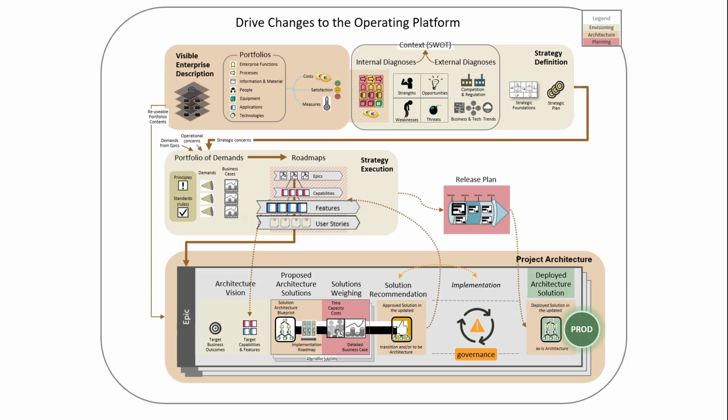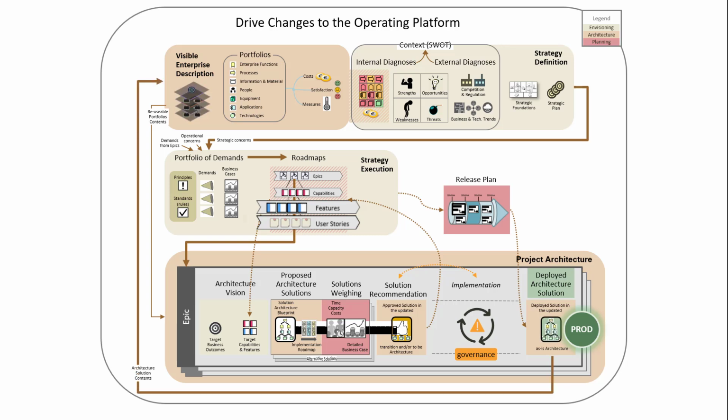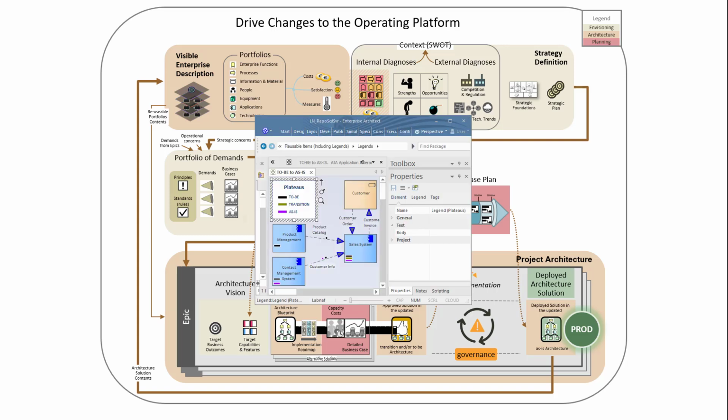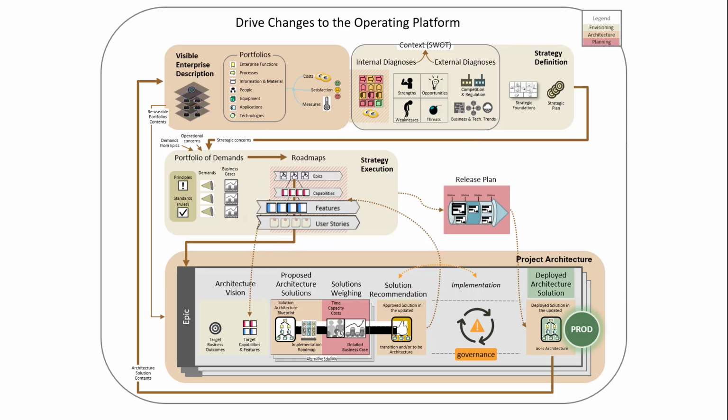At one point, the solution will be hopefully running in production. You need then to update the enterprise description to reflect the new situation. Indeed, the enterprise description needs to reflect that the new solution architecture is now part of the as-is situation.